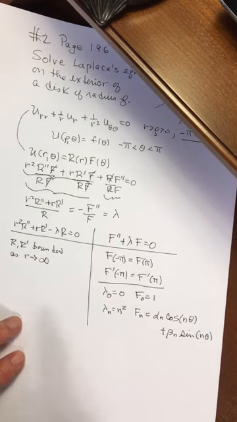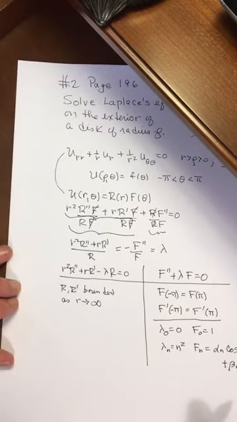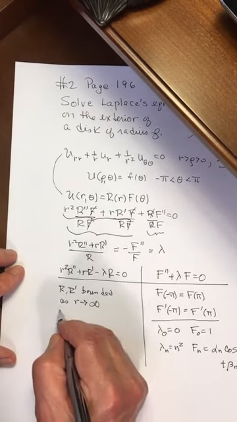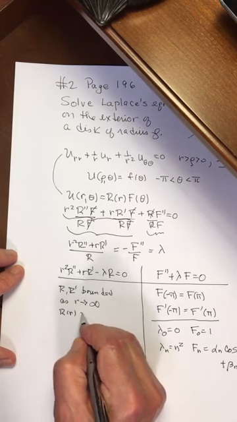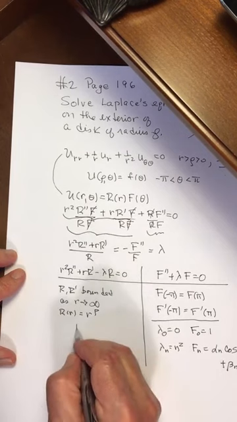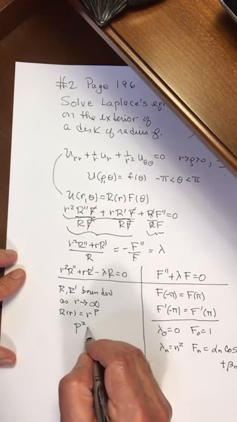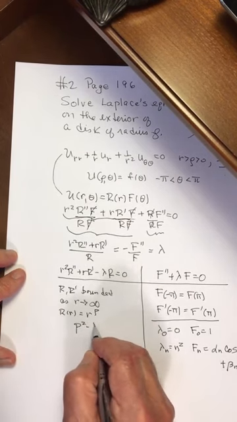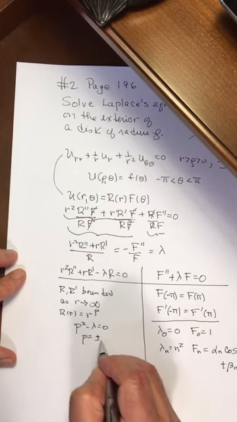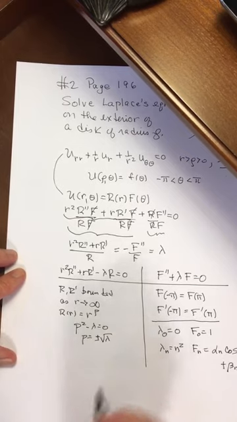And now that we know the lambdas, we can solve the r equation. In fact, if we make the assumption that R of r is equal to r to the p, the characteristic equation is p squared minus lambda equals 0, or p equals plus or minus the square root of lambda.